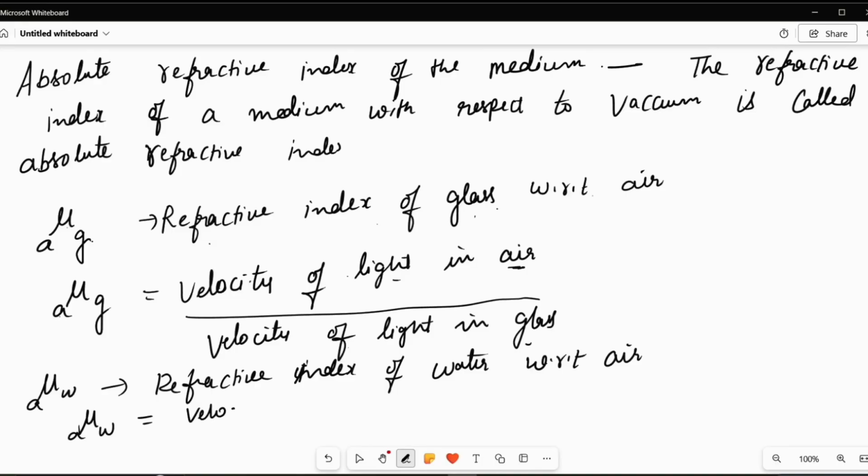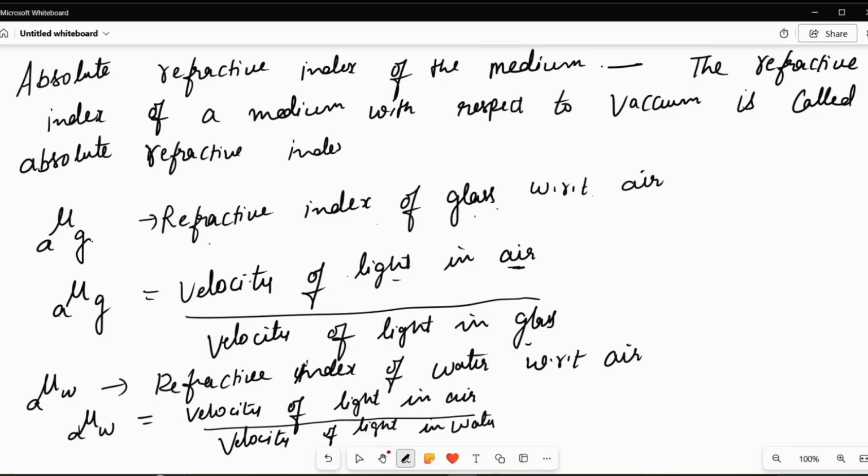So this is velocity of light in air by velocity of light in water. Here also, the velocity of light in air we usually call by the symbol C. This is Vg. C by Vw. So next.